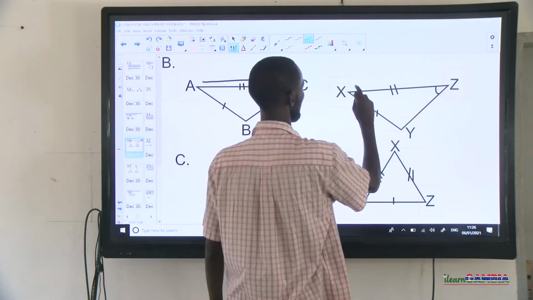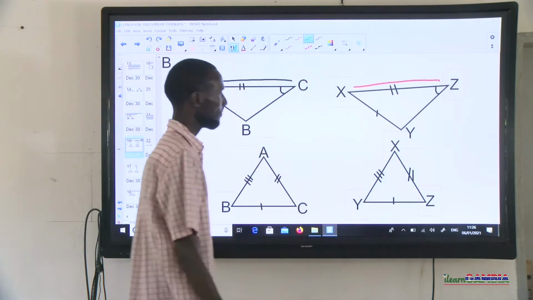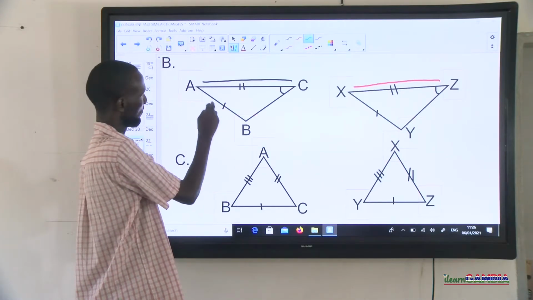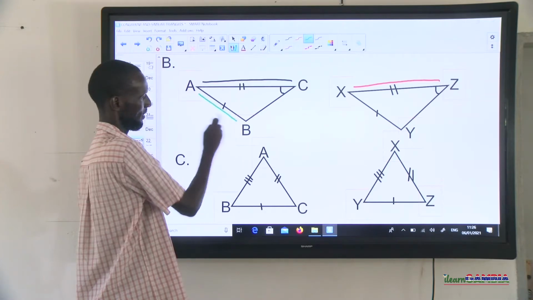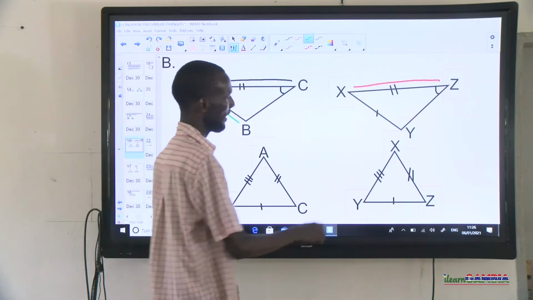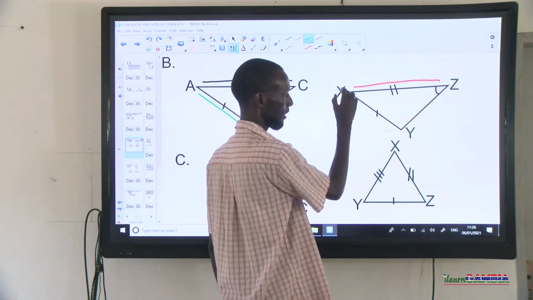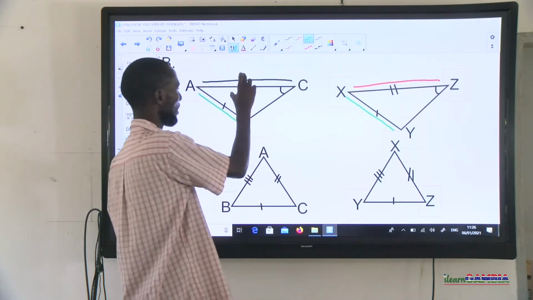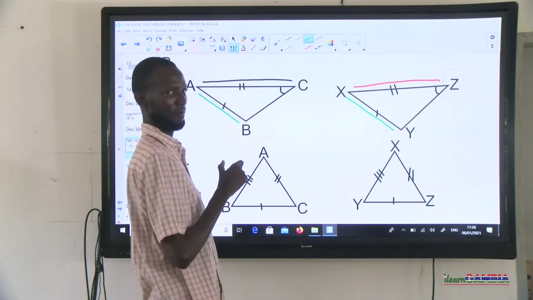We can see that here. Likewise, the length AB of triangle ABC right here is equal to the length XY of triangle XYZ, that's right here. So we do have corresponding sides being equal.